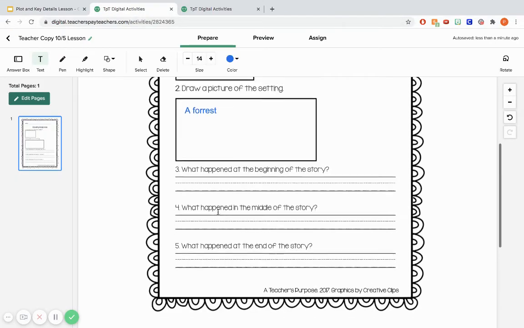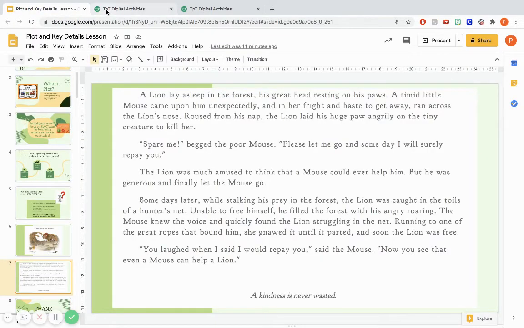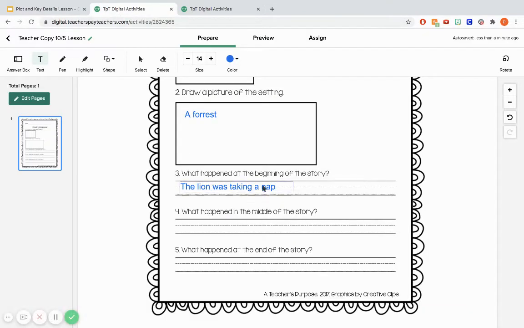Maybe we can write what happened at the beginning. The lion was taking a nap. And the mouse ran across his nose.